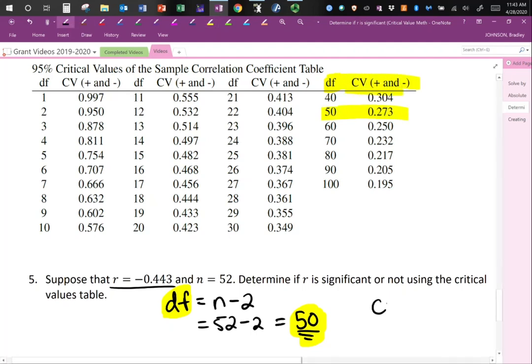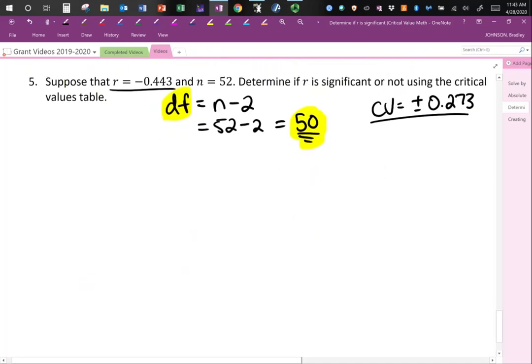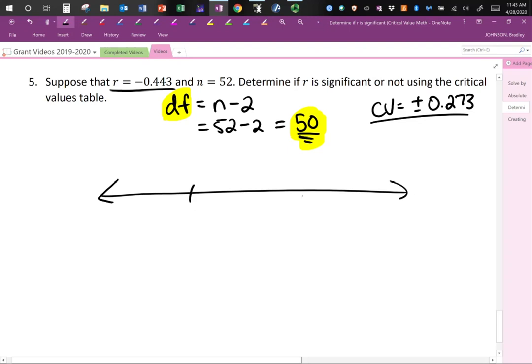So then our critical value would be plus or minus 0.273. And now that we have that, we will be drawing our number line, negative 0.273 and positive 0.273. And we know that positive 1, negative 1 is way out here, zero is right in the middle.